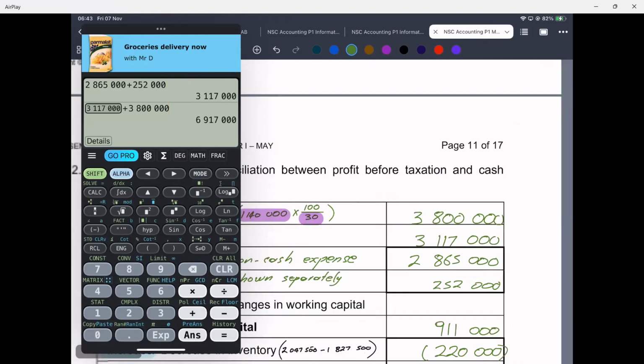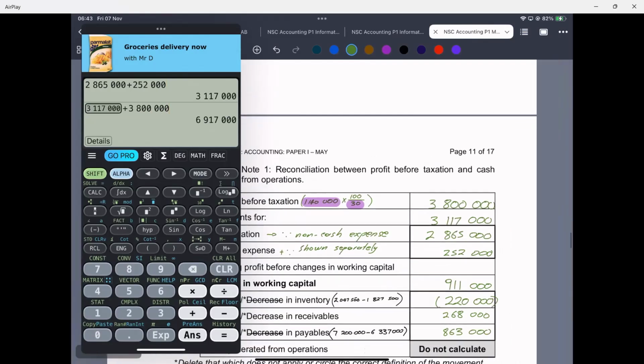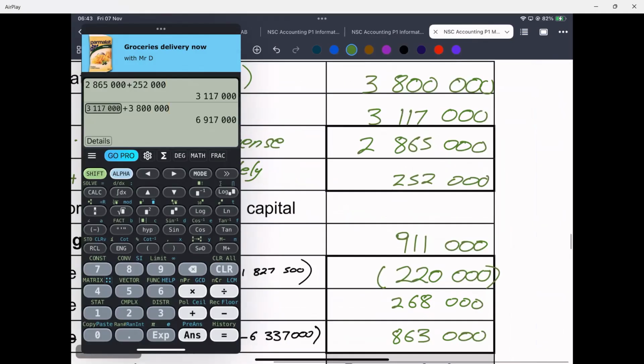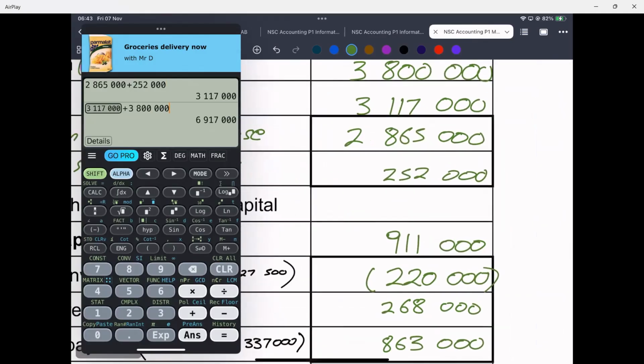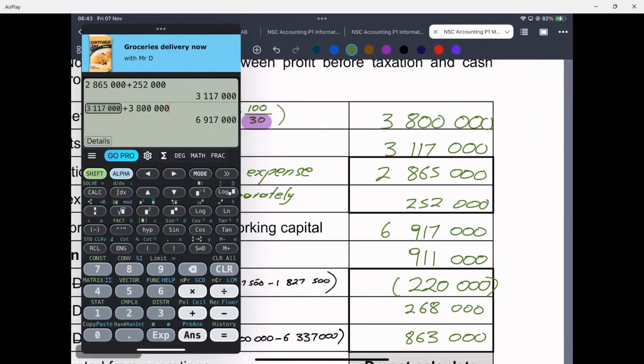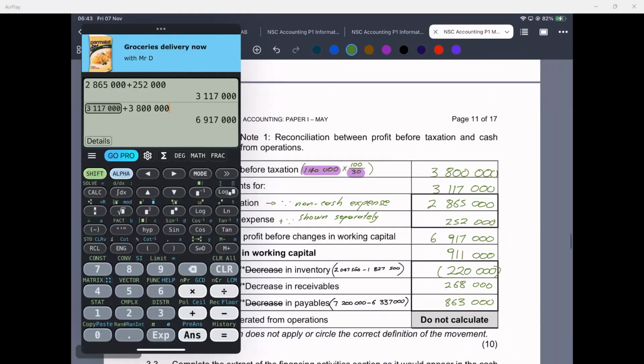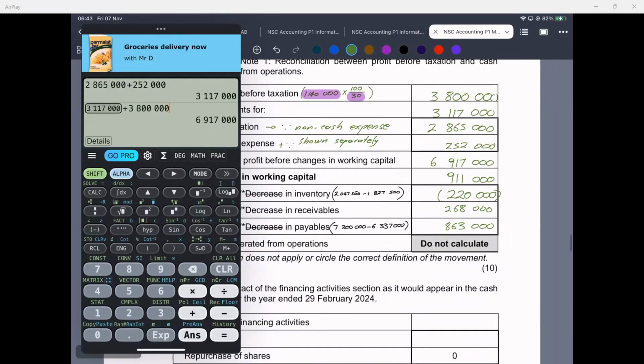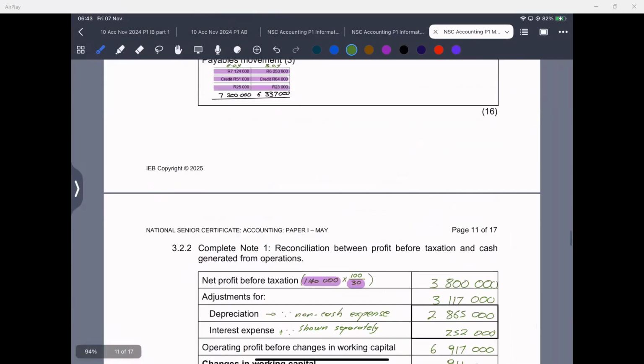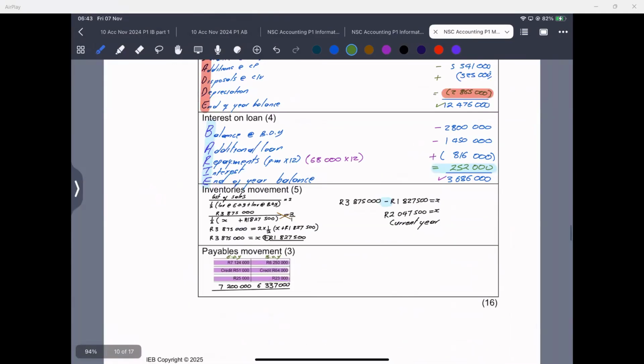That will give you operating profit before changes in working capital, which will be 6,917,000. That's it. That was 3.2.